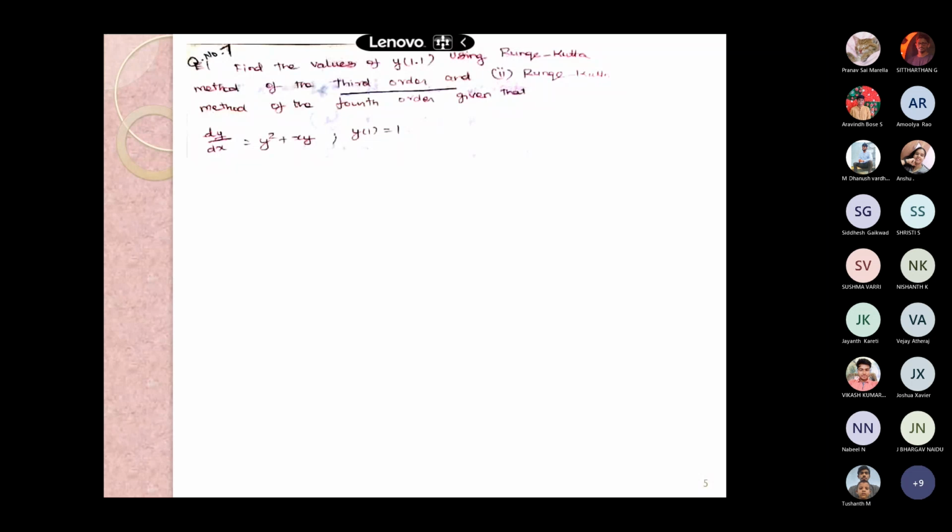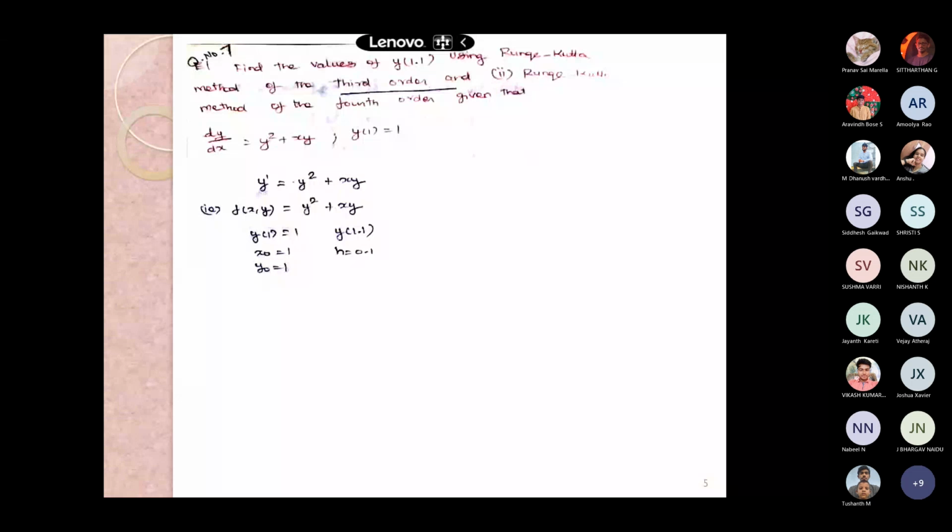We need to find the value of y of 1.1 using third and fourth order, for the given function dy by dx is equal to y square plus xy, and the boundary is y of 1 is equal to 1. That is, when x is equal to 1, y is also 1. For finding the value, we need to do the differentiation.